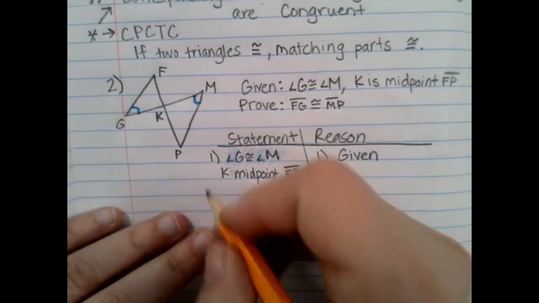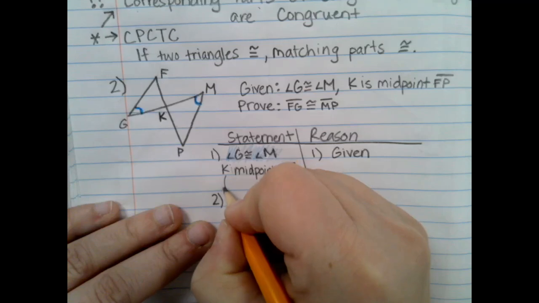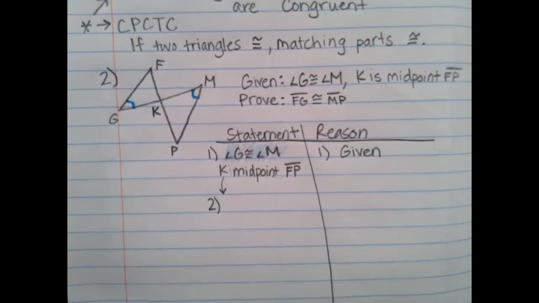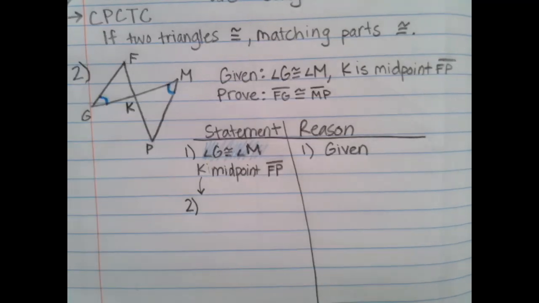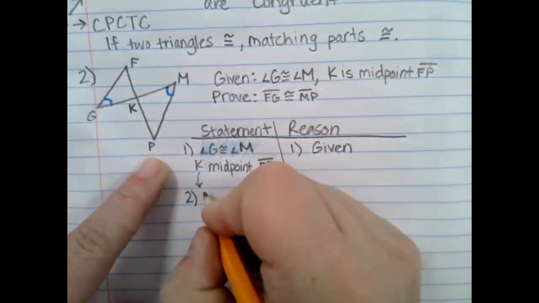So step 2, I'm going to use this idea that K is a midpoint. If K is a midpoint of FP, what do I know about midpoints? They're right in the middle. So what 2 parts would be the same of FP if K is in the middle?